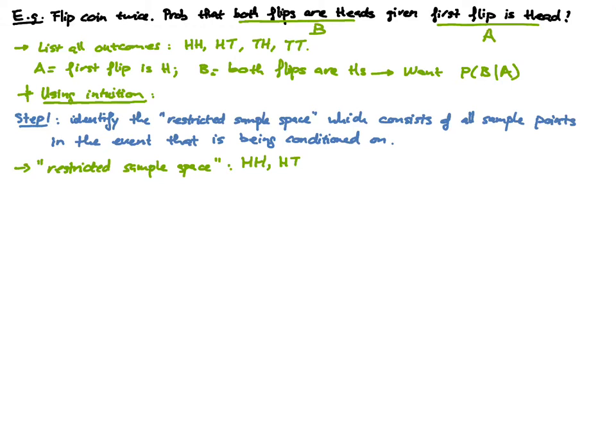Now in step 2, what you want to do is find the probability of the events of interest in the restricted sample space.